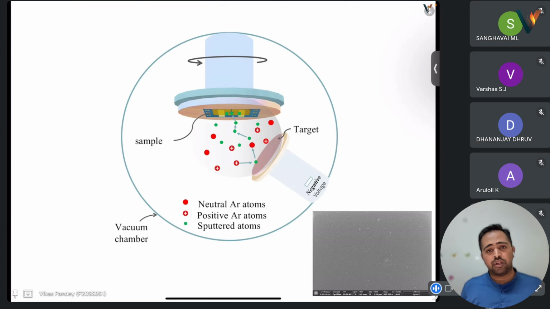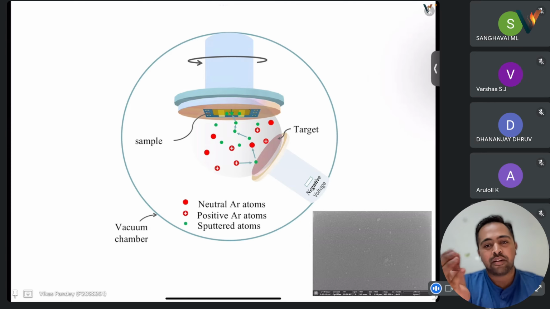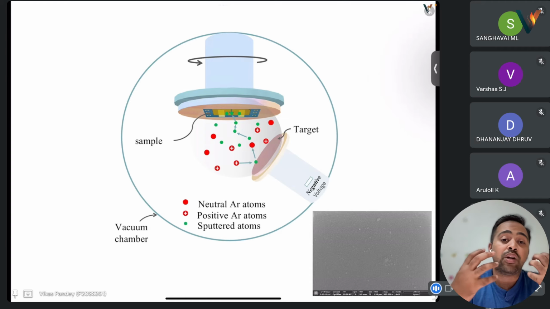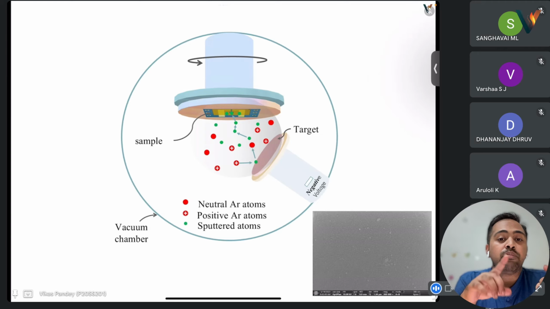And if you are throwing a very big stone, it also may not sputter that much. So we don't want a very big particle, almost bigger than our target, and we don't want a very small particle that will not be able to sputter. We want a heavy particle, a bit bigger, but not very big. And for that, argon is the most preferred one in case of sputtering. Argon is the one.